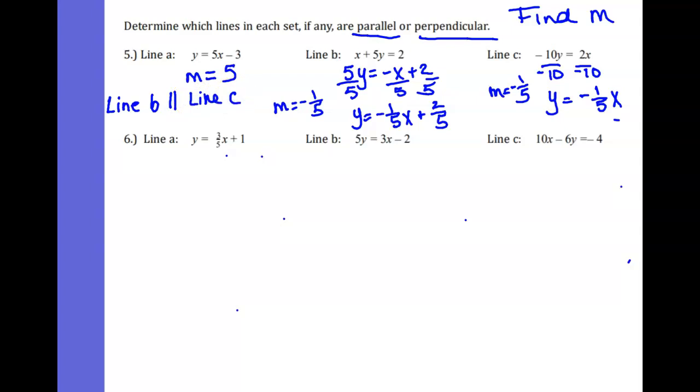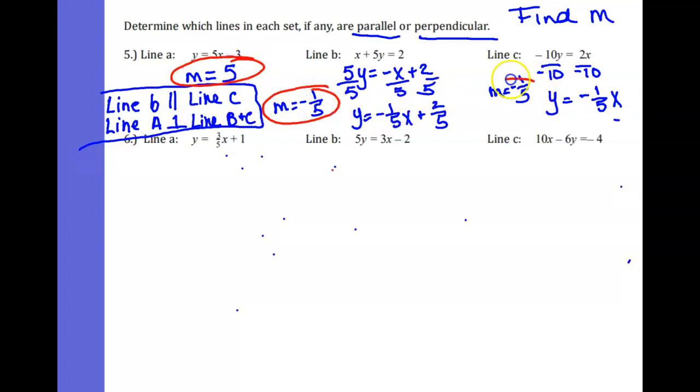Now if you notice though, line A is actually perpendicular to both B and C. Again, we didn't have that much room there, I apologize, but the key to these types of problems is just pulling out the slope. So here we had a slope of 5, here we had a slope of negative 1/5, and another negative 1/5. B and C are the same slope, they're parallel, and A is the negative or opposite reciprocal of B and C, so it's perpendicular to both of them.